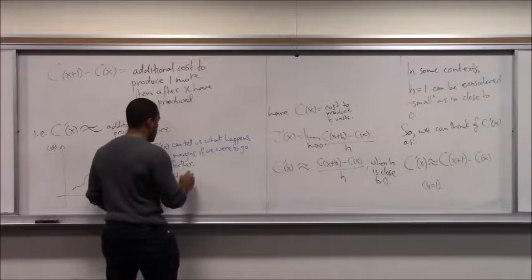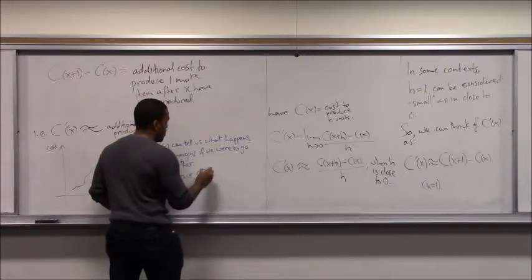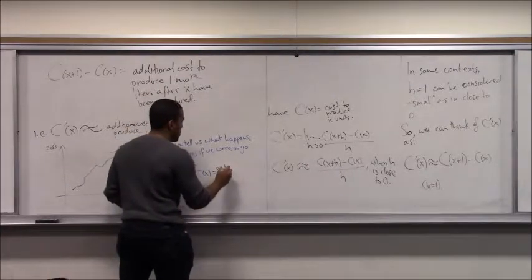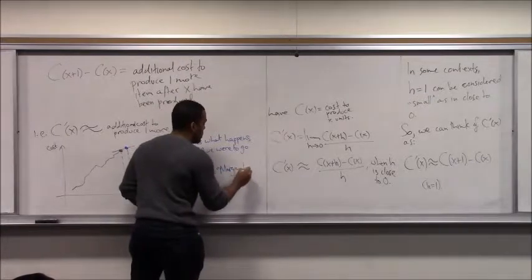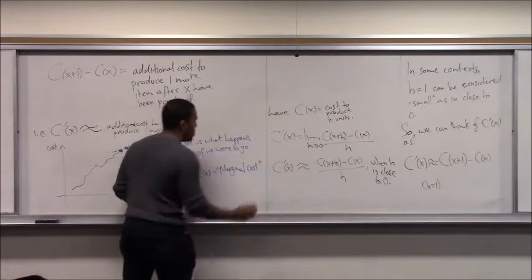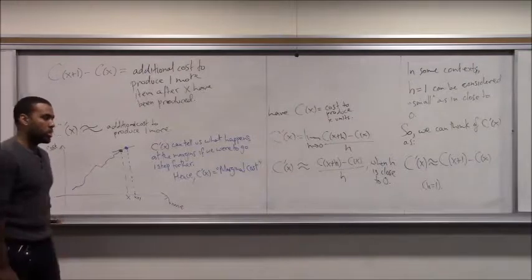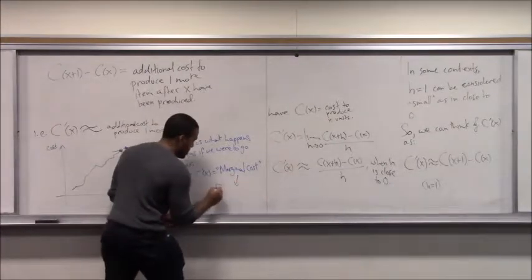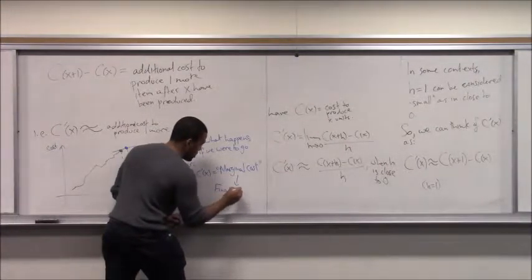Hence, C prime is called marginal cost. And pretty much anytime you hear someone refer to the derivative as a marginal function, it's usually going to be in a finance or economics context.